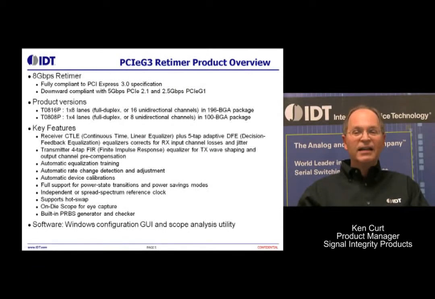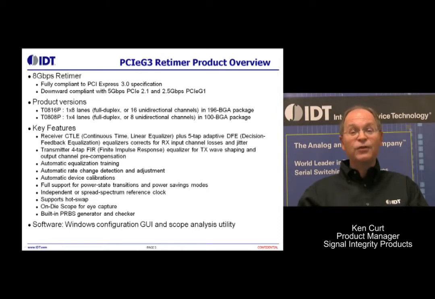To hit the highlights of our Gen 3 Retimer, first of all, it's fully PCI Express Gen 3 specification compliant. It's also fully downwards compatible to the 5 gigabit Gen 2 and 2.5 gigabit Gen 1 specifications. I showed earlier one version of this device, the 16-channel version.